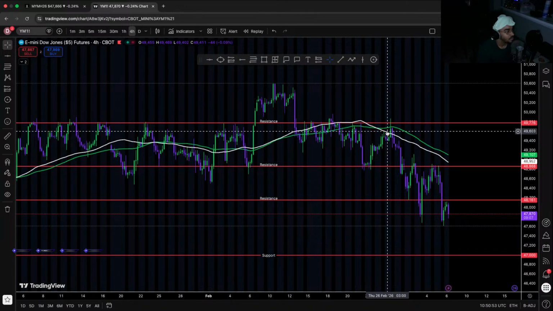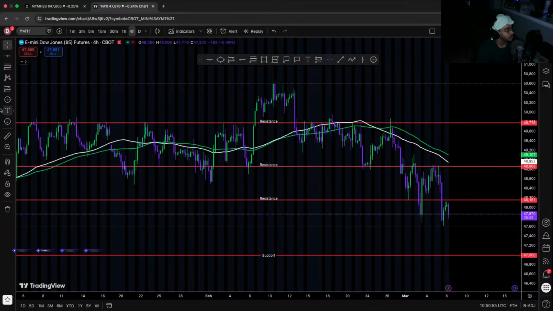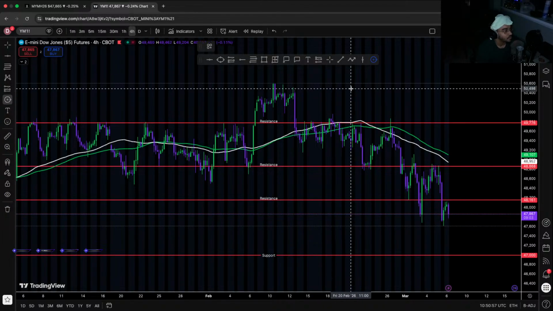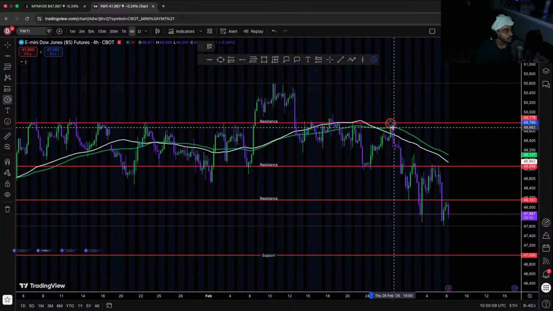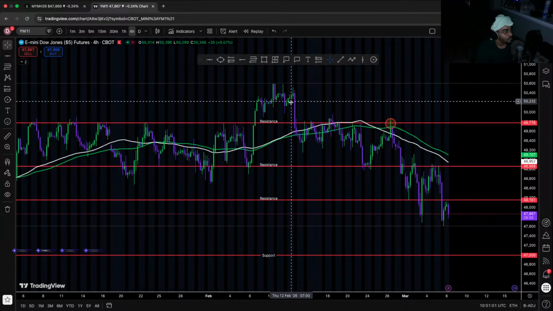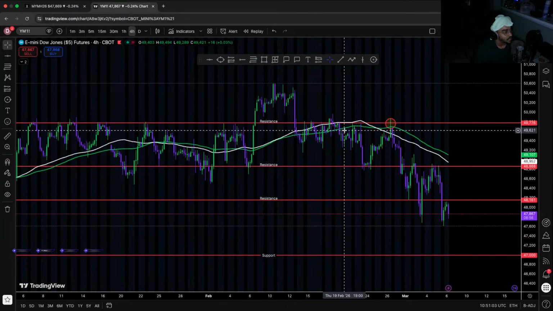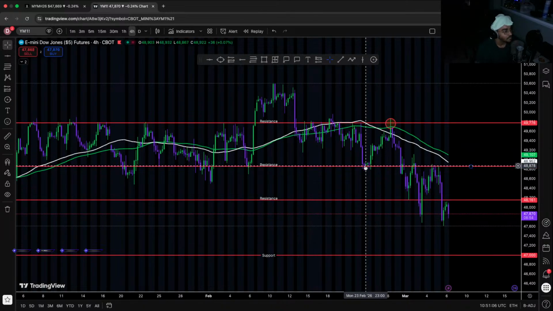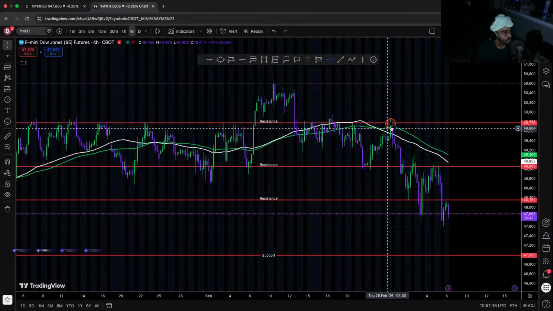So when we see price approach, right? Let's take this area for example. When we have this impulse down and then we're consolidating, right? And we get a drop, boom. We respected our old support, which is now resistance, and we come up here, right?